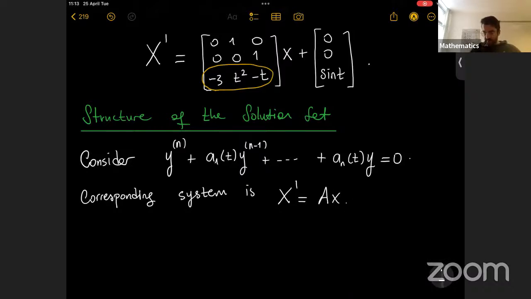So let's say we have n solutions for this system. Let's call it star here. Okay.